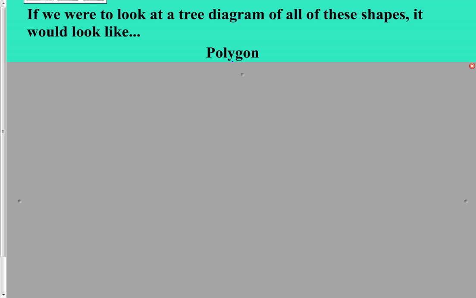First off, at the very top of the tree diagram is our term polygon. Remember, a polygon is simply an enclosed figure built entirely out of line segments. That is what much of geometry is based on. Specifically, today we are looking at the quadrilateral. A quadrilateral is a subset of polygons.